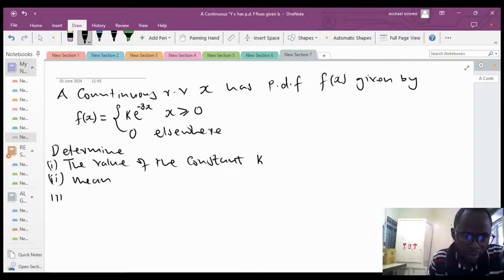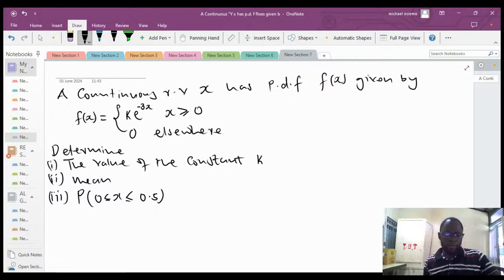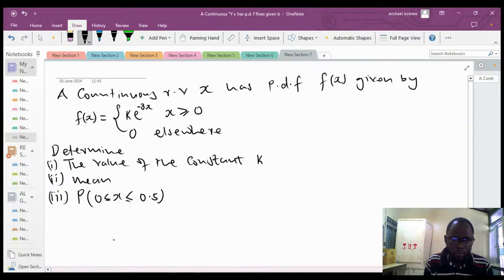And Roman 3, the probability of x within the range 0 to 0.5. So we shall go direct to the solution of this problem. We change the color of the pen, and we say solution.